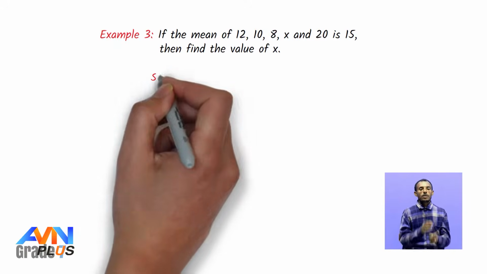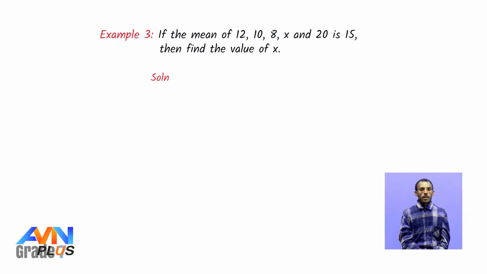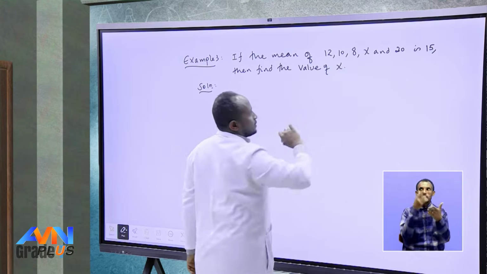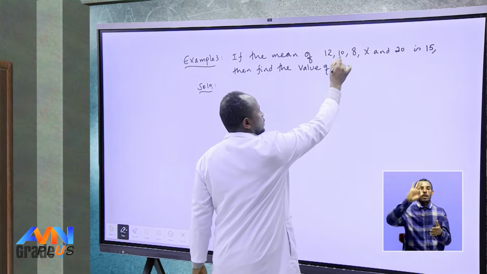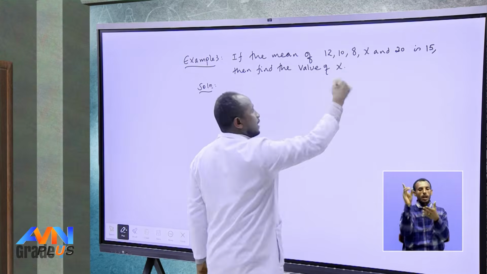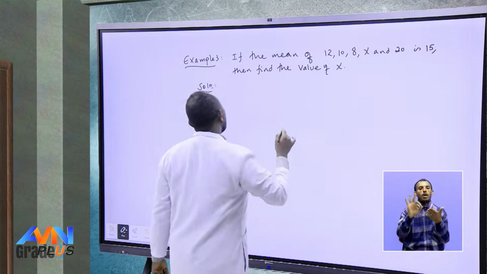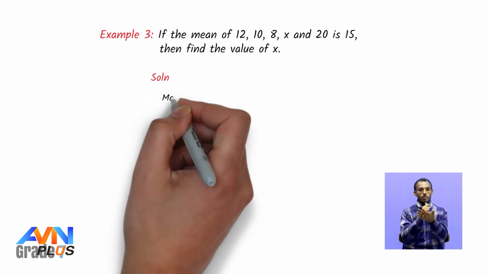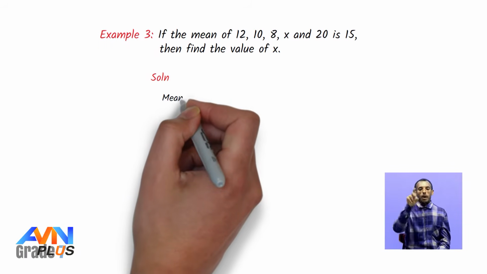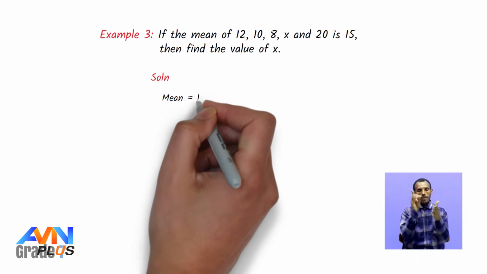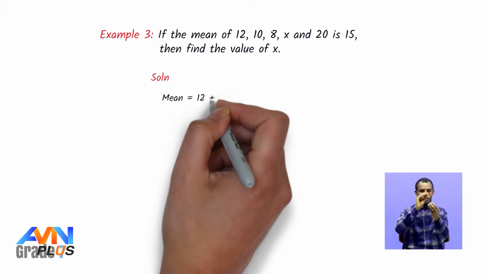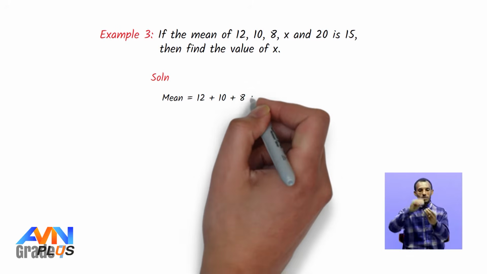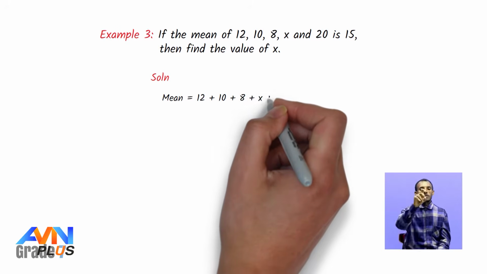Solution. The mean of this data set is obtained by adding each data and dividing by the number of data. So the mean, or x bar, is equal to the sum 12 plus 10 plus 8 plus x plus 20.